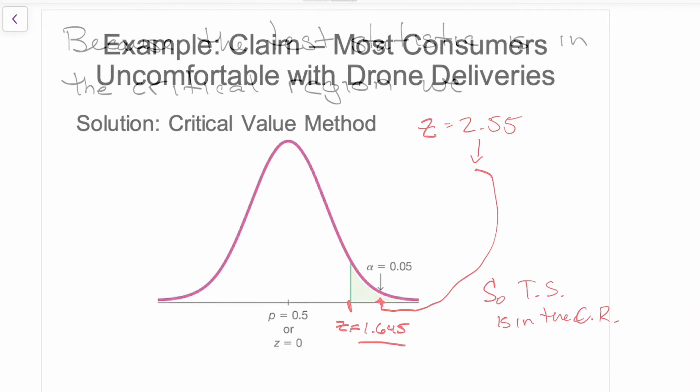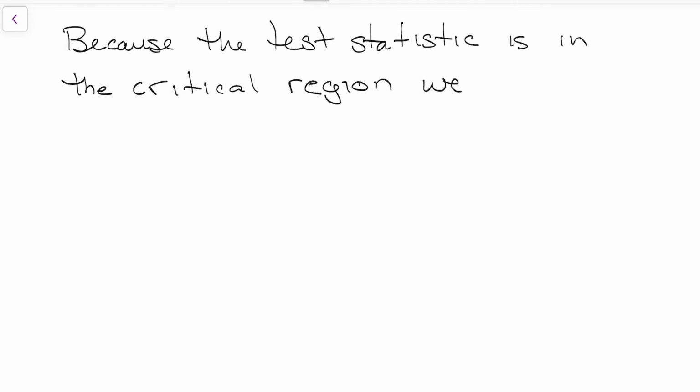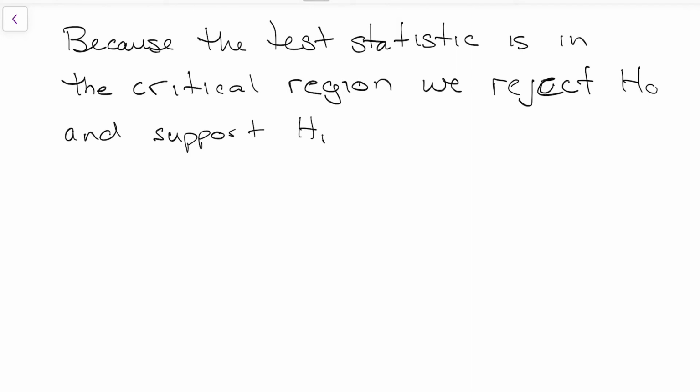And so what can we do with our conclusion? Because the test statistic was inside of the critical region, we reject the null hypothesis. We reject H0, and we can support the alternative hypothesis H1. That is how all of these questions will end.